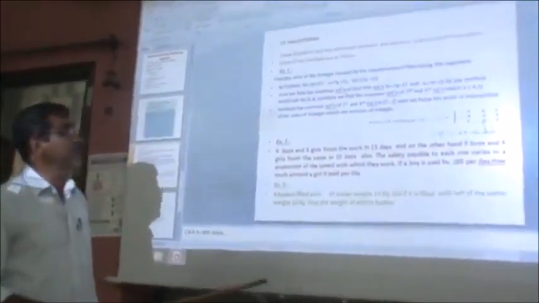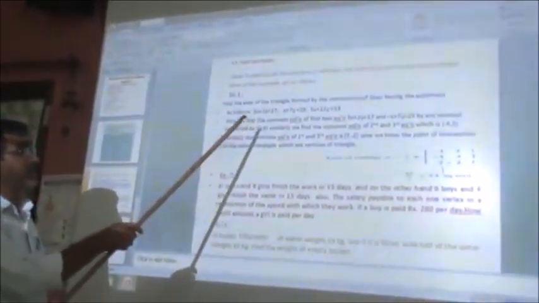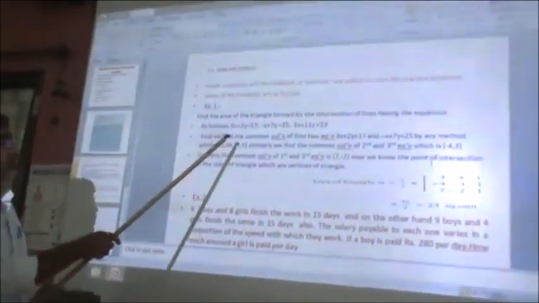Now in third step we will solve one example for application purpose. Here example is that there are three equations given to us. These three equations represent the three sides of the triangle, and we have to find out area of the triangle from these equations. Now for finding the area of the triangle, we will solve any two equations, first equation and second equation.